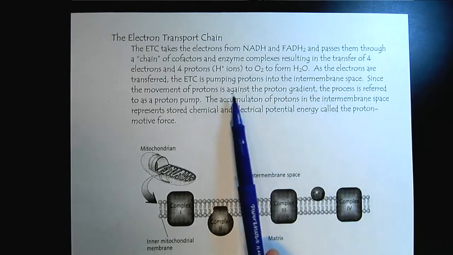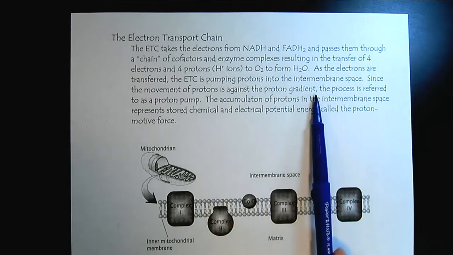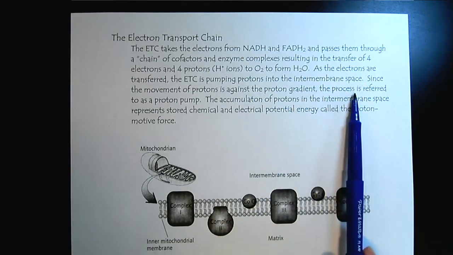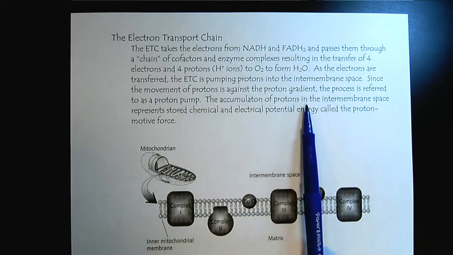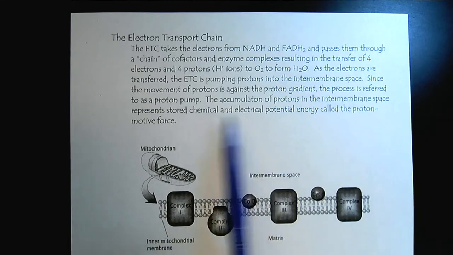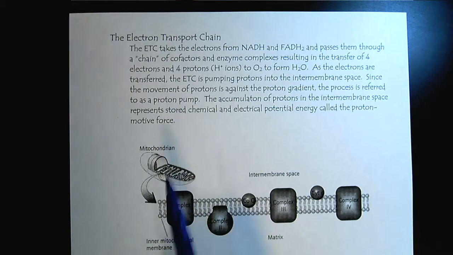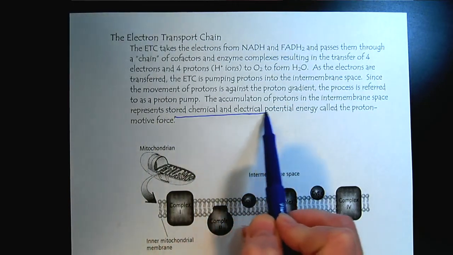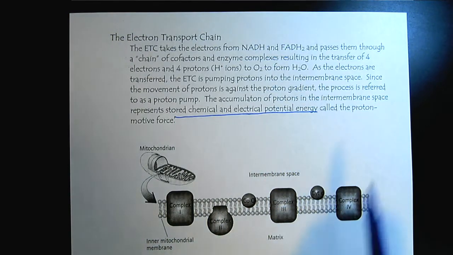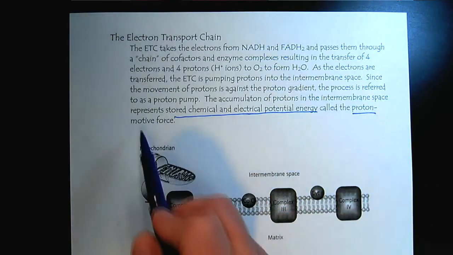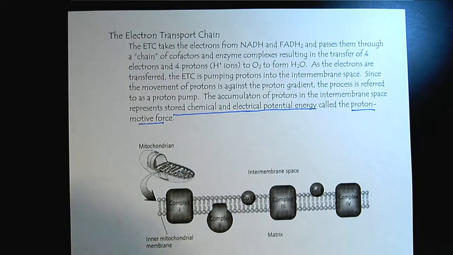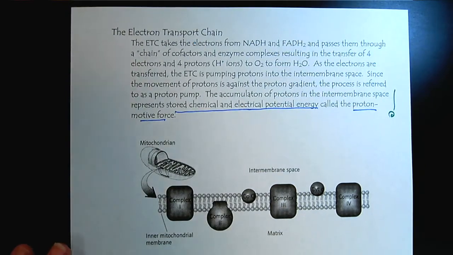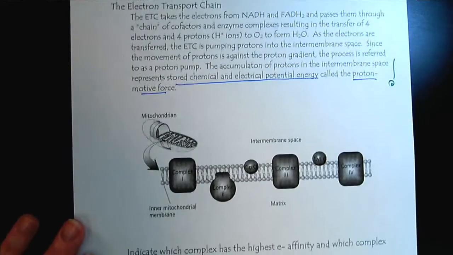Since the movement of the protons is against the proton gradient, the process is referred to as a proton pump. The accumulation of the protons in the intermembrane space represents stored chemical and electrical potential energy, which creates that proton motive force. All right, so that's the key. It's like winding up the spring or the engine, right? Or charging the battery.